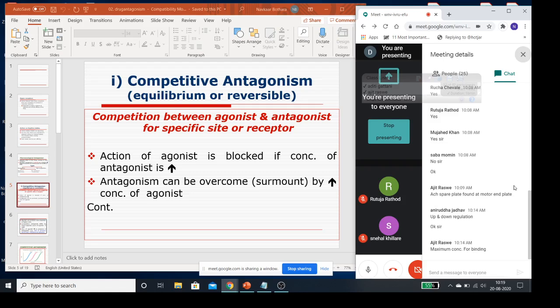Somebody can ask you what you mean by surmountable or non-surmountable. It is not anything different, it is the same thing. A reversible competitive antagonism we call surmountable. So this is very important, you should understand this.